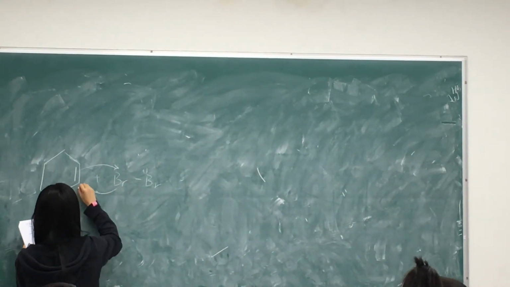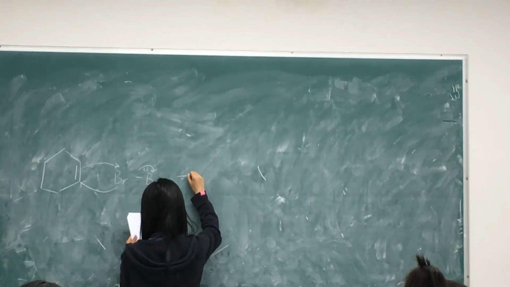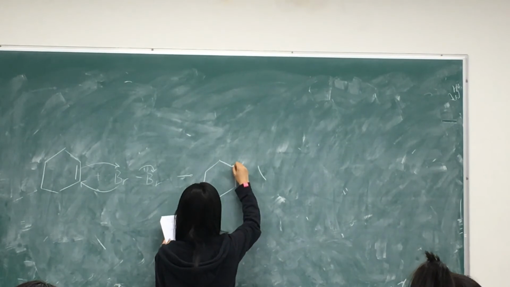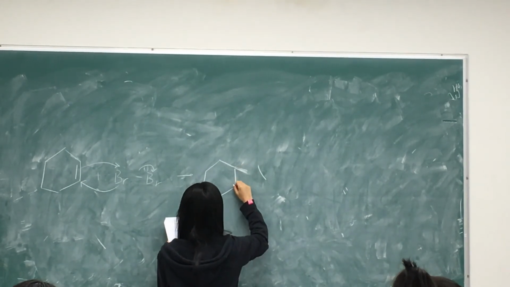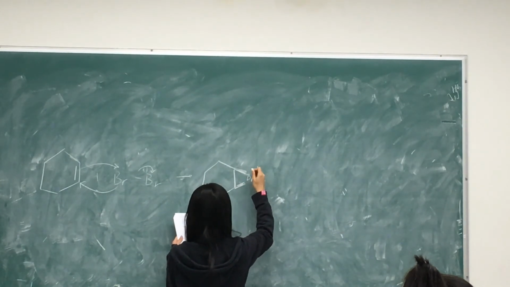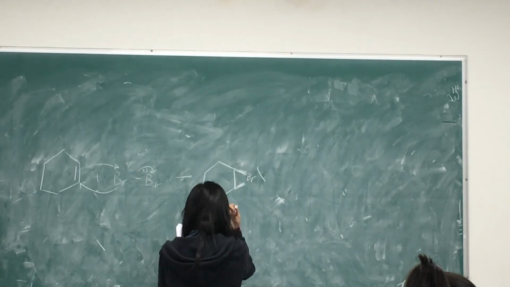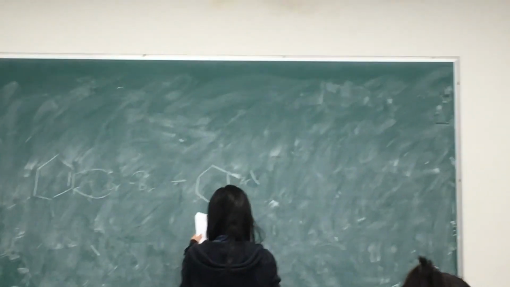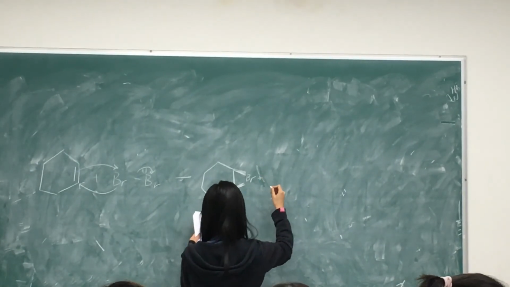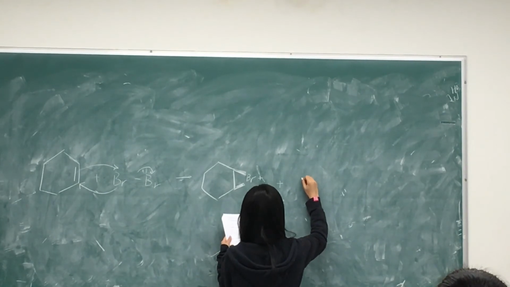Okay, good. But how do we get from this one to this one? How do we have OH here? Okay. And it attacked to? First of all, it's from here. OH. Okay, good. So this is a reaction you never saw before, right?